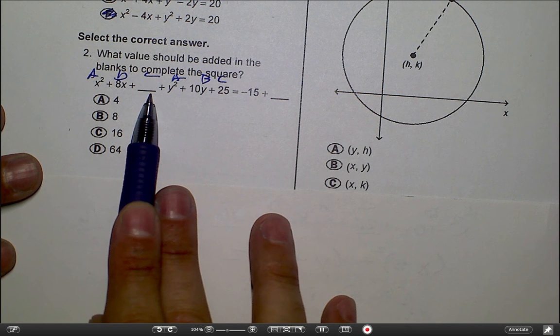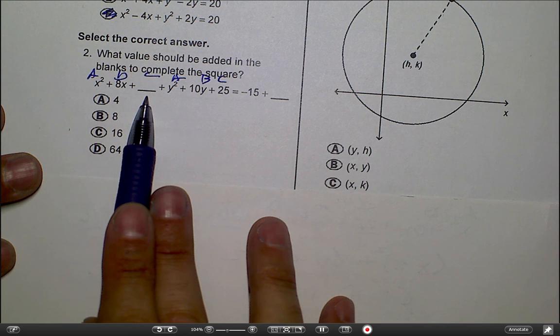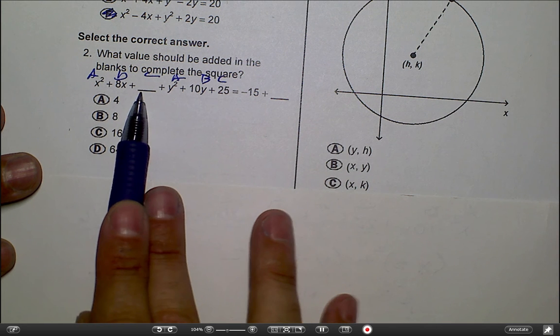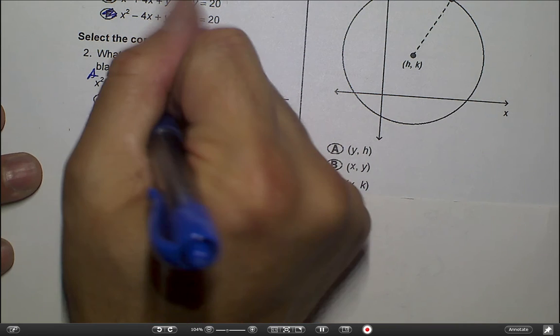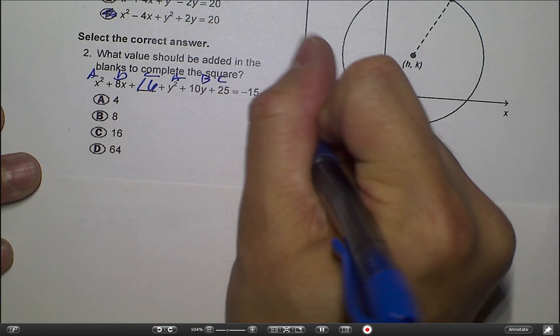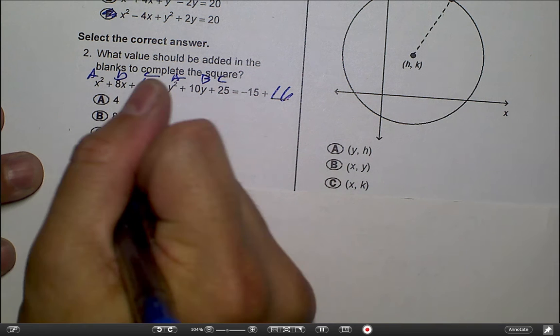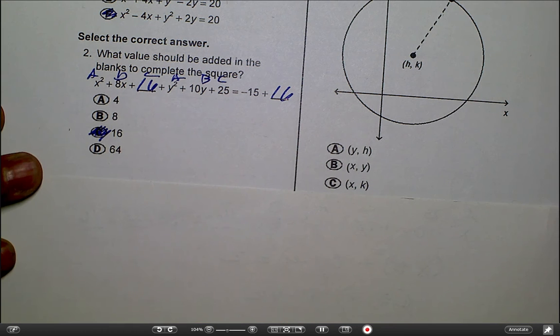You do B divided by 2, then square. So what's my B? 8 divided by 2 is 4, and then square it. 16. 16 goes here and right there. So my answer is C. C is always the right answer. Si se puede.